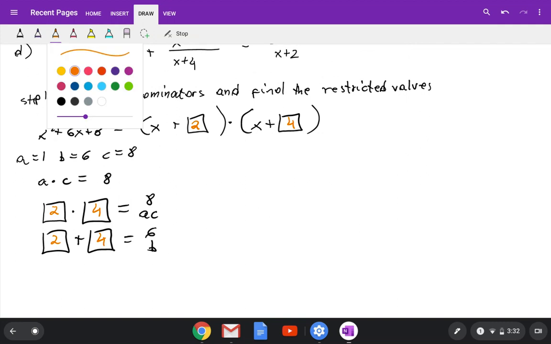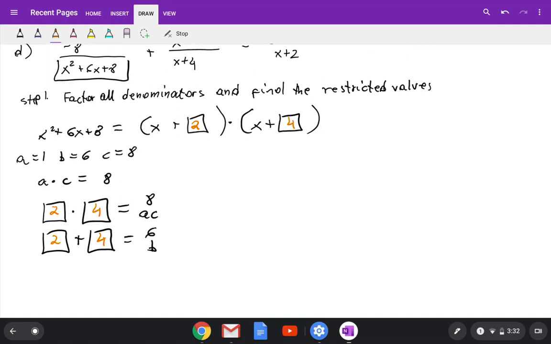Let's talk about restricted values. Okay, so to find restricted values, solve two equations: your first factor x plus 2 equals 0, and x plus 4 equals 0.